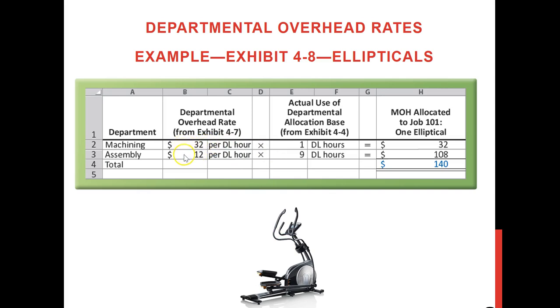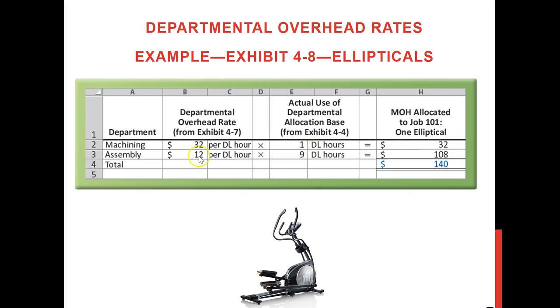for those specific departments with those corresponding hours that the company requires, we find that for the machining department, the overhead cost is $32 because the rate is $32 per labor hour, and the company spends 1 labor hour to produce 1 elliptical.